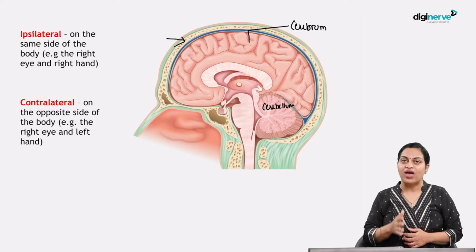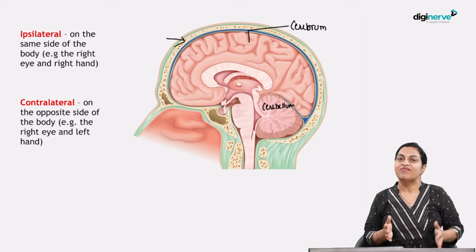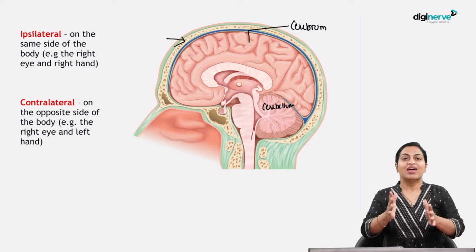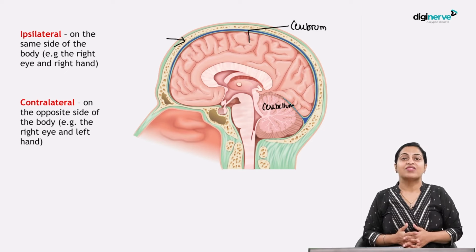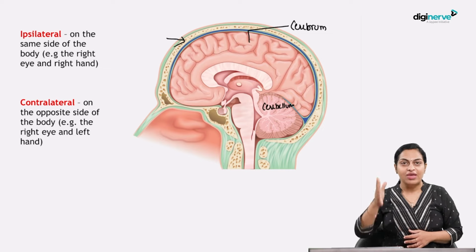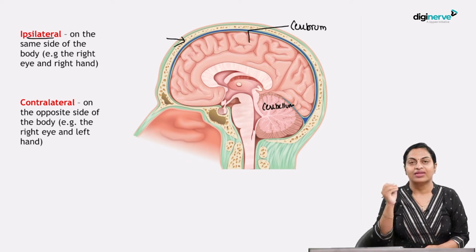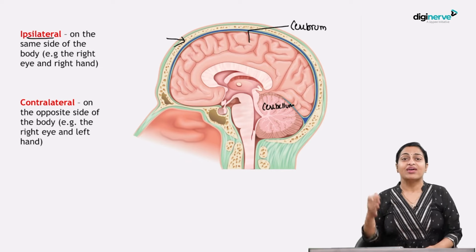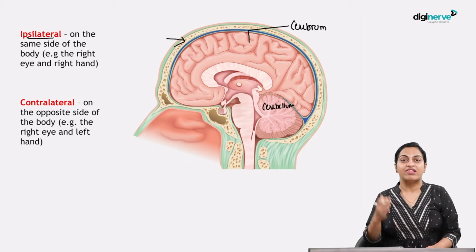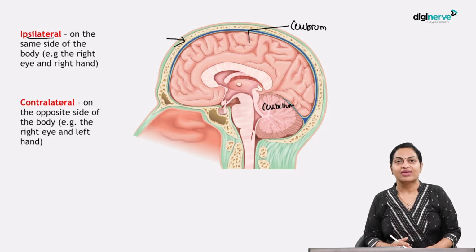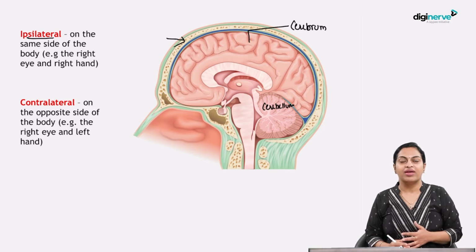The cerebellum also has a right cerebellar hemisphere and a left cerebellar hemisphere. The right cerebellar hemisphere has control over the right side of the body. When it is on the same side of the body, we call it ipsilateral. Remember, the right cerebellum has control over the right side of the body. Similarly, what is contralateral?